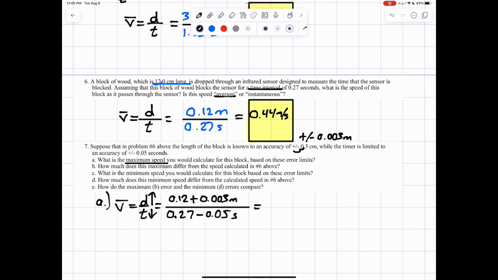Okay, now putting that in our calculator, we are going to get 0.123 meters on top, and we're going to get 0.22 seconds on bottom. Run that in your calculator. Okay, and you should end up getting about 0.56 meters per second.